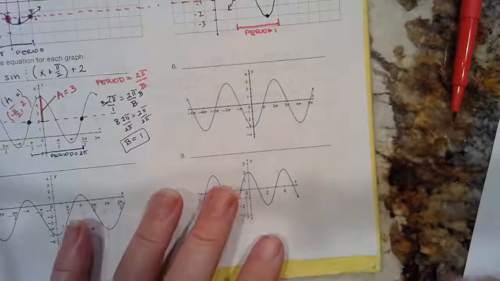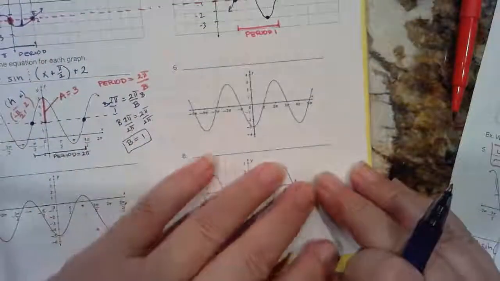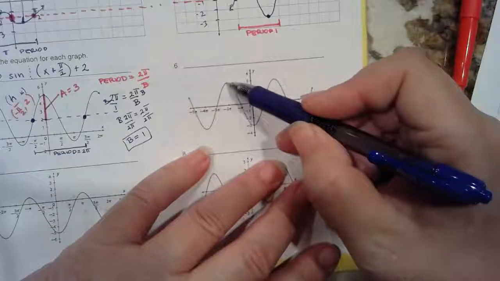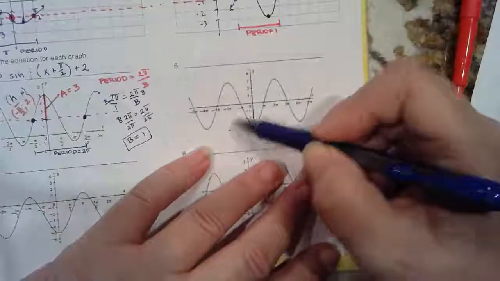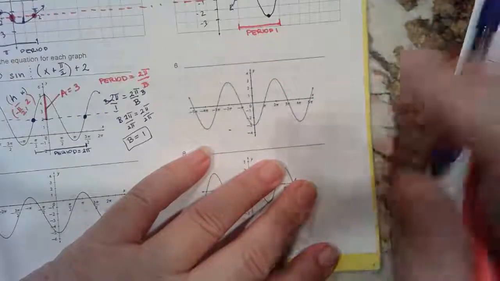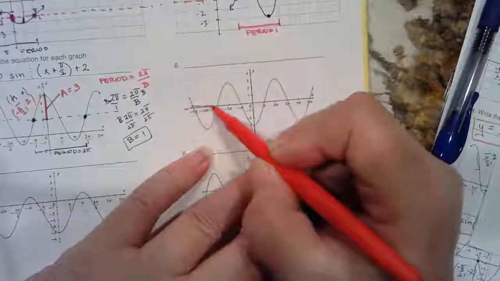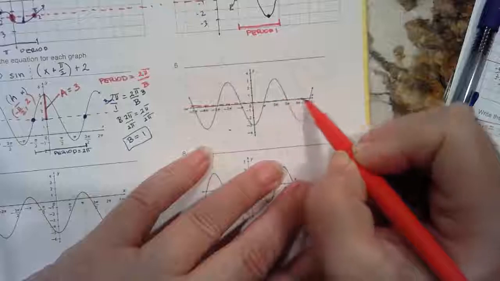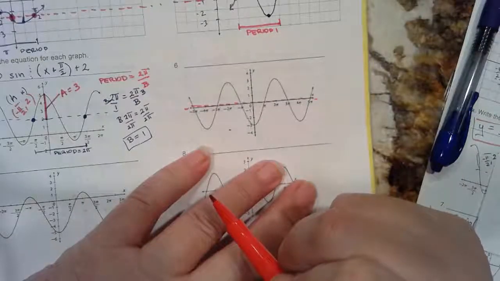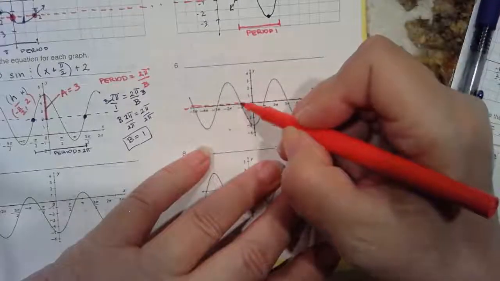The first thing is you're going to look and see if we can identify the amplitude. What is the halfway? So if we look from here to here, where would be the halfway? Hopefully you can realize that the halfway would be your axis. And so in this case, we're going to start right here.